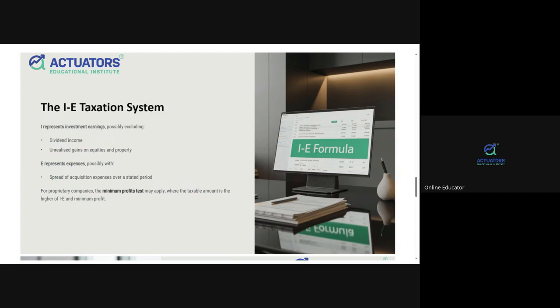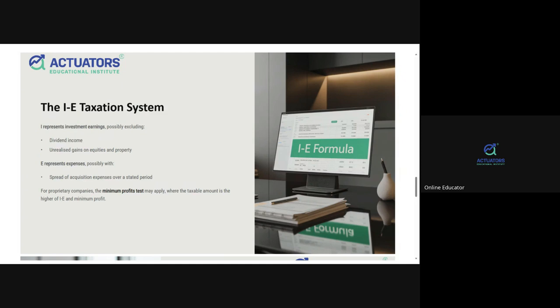So we have the classic definition of profits in an insurance company: change in assets minus change in liabilities. Your change in assets is nothing but your premiums plus investment returns minus expenses minus claims. That plus change in liabilities becomes your trading profit.